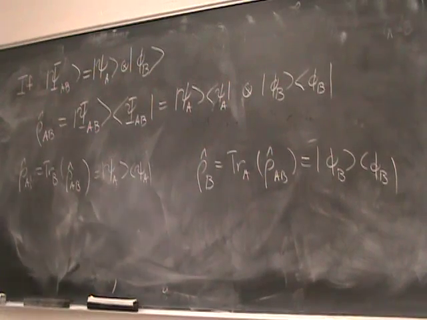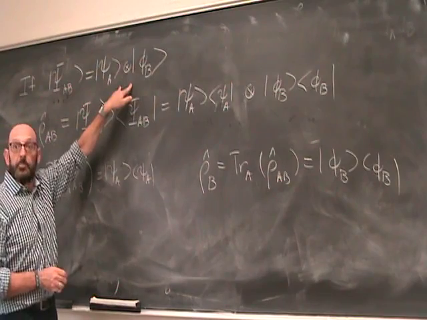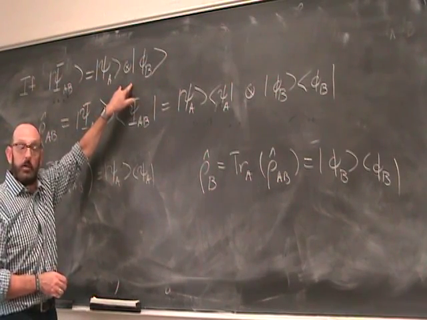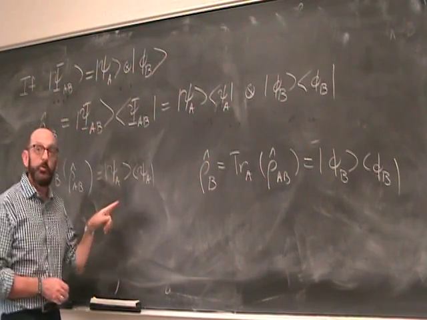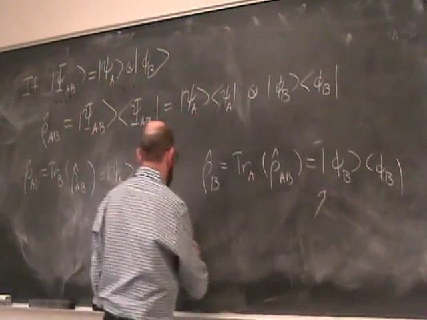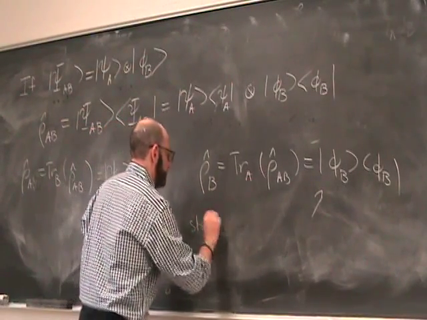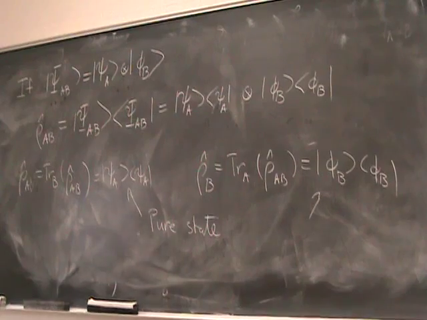So when the joint state is pure and separable, the marginal states are also pure. Right?